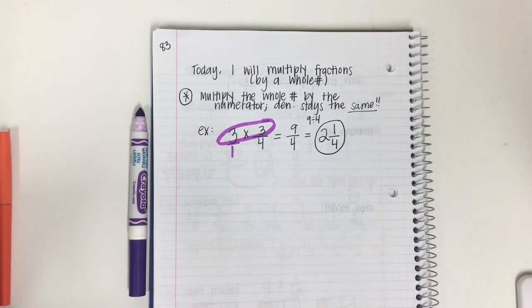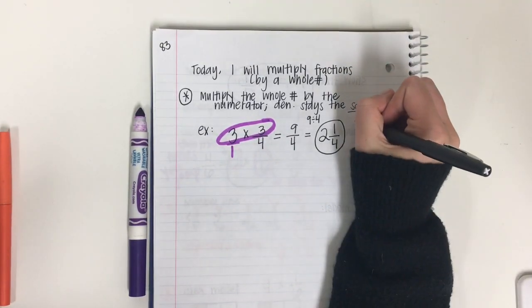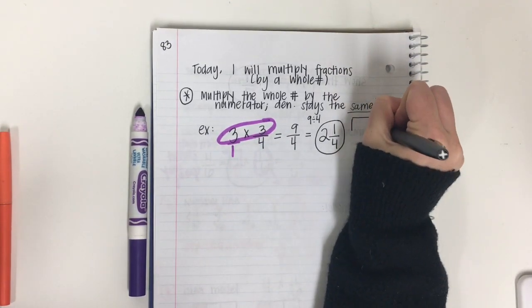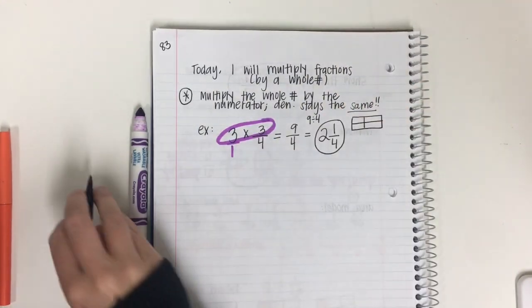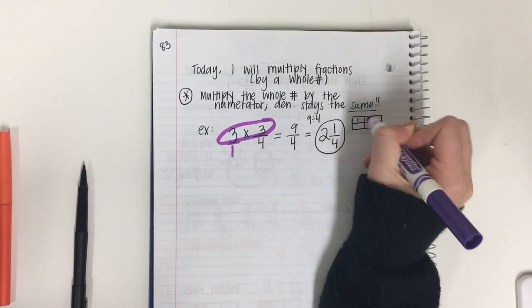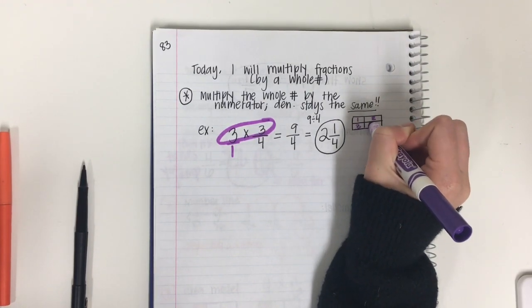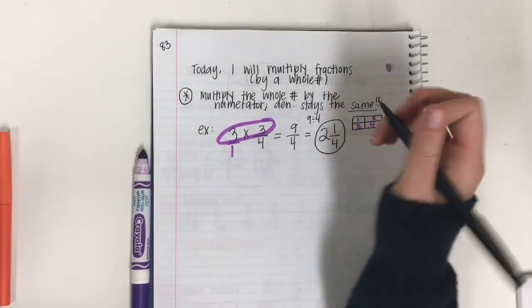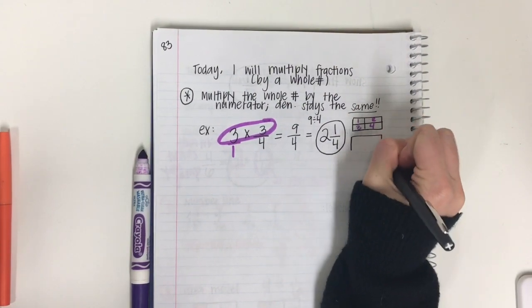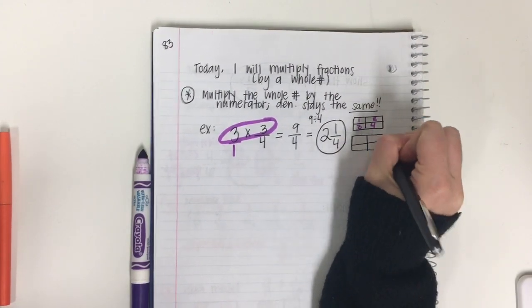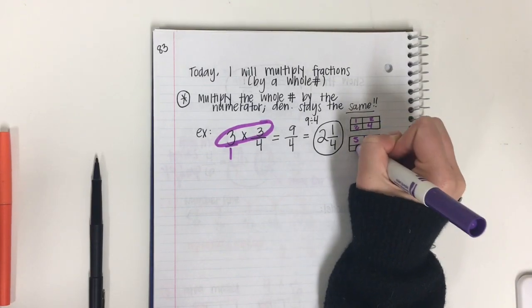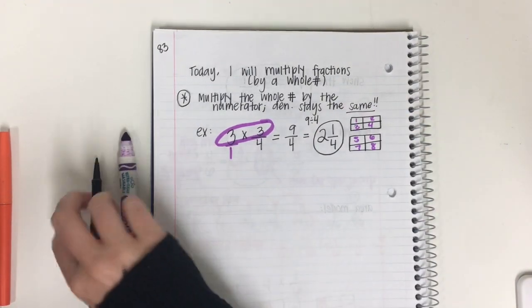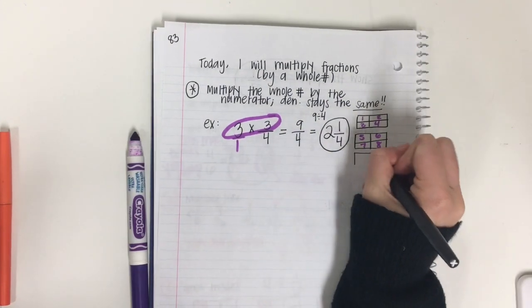Okay? Or you can draw your area model. So you could break it into 4. You have 1, 2, 3, 4. You got to keep going because you got to work your way to 9. 5, 6, 7, 8. Looks like we need 1 more.